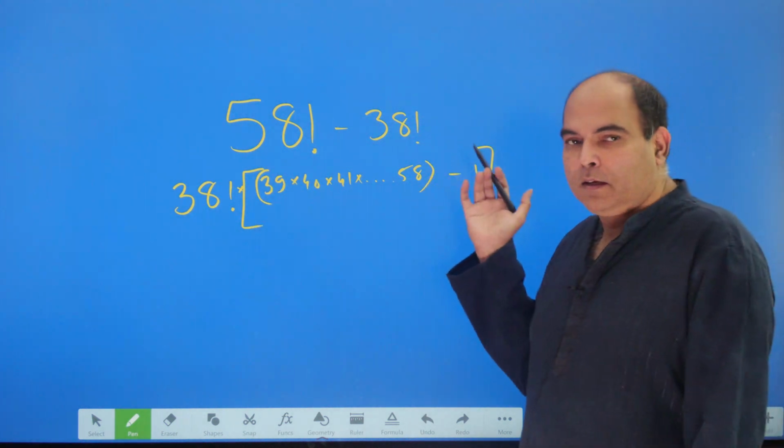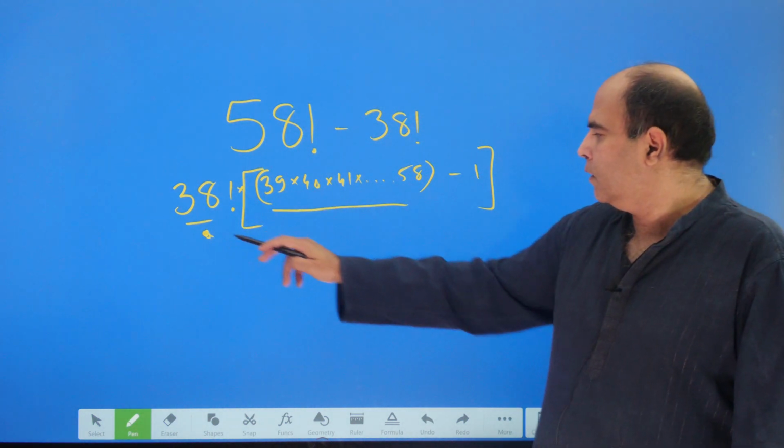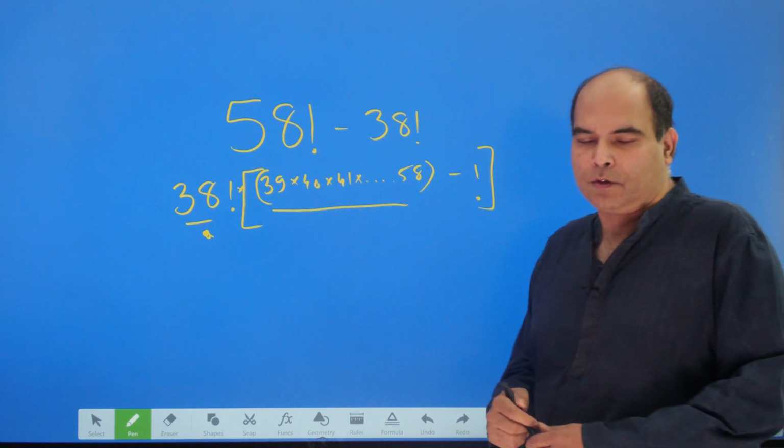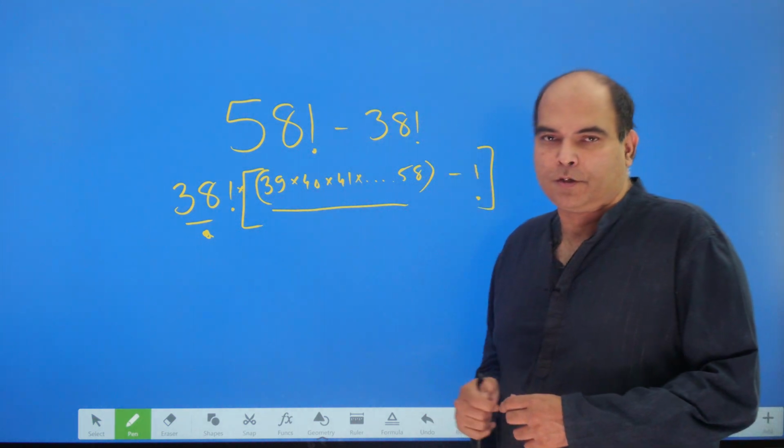So if I expand this bracket, this with this will give me 58 factorial, and this with 1 will give me minus 38 factorial. So this is the rewriting of this expression.